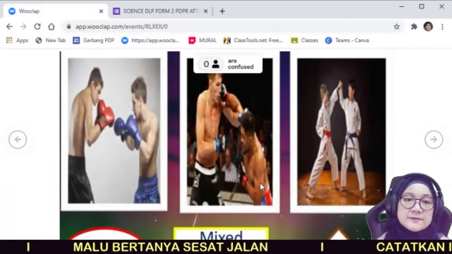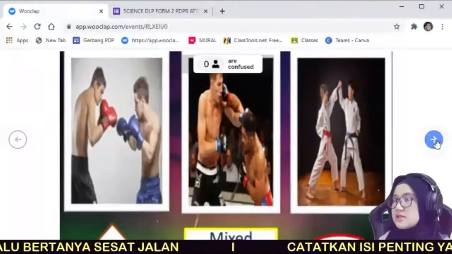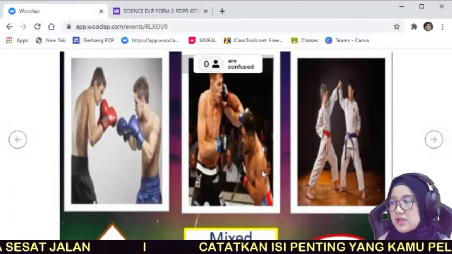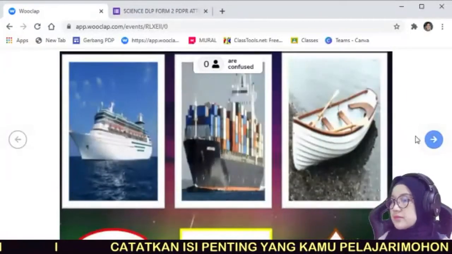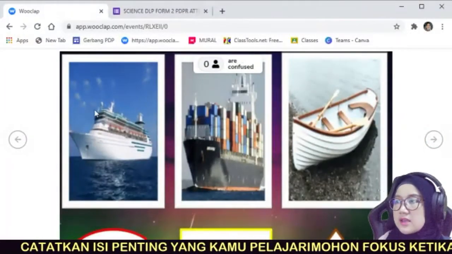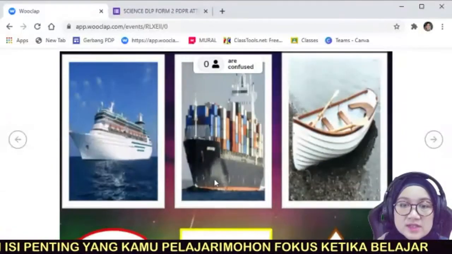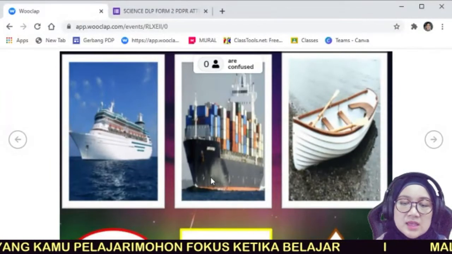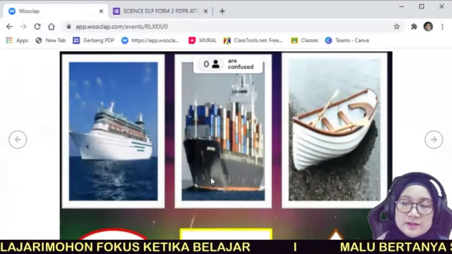How do they differ from each other? So as you can see, these are three pictures that look alike, but they differ in terms of size and also function.